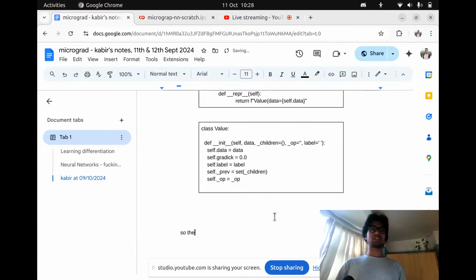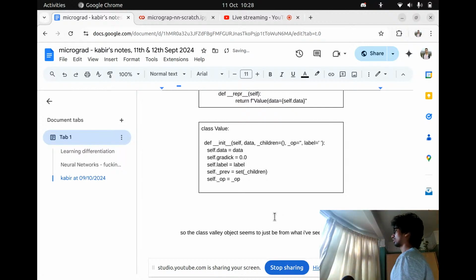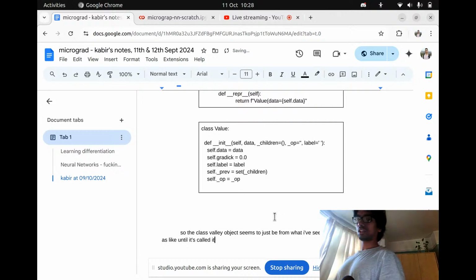So the class value object seems to just be, from what I've understood so far, until it's called, it won't actually be stored in memory.